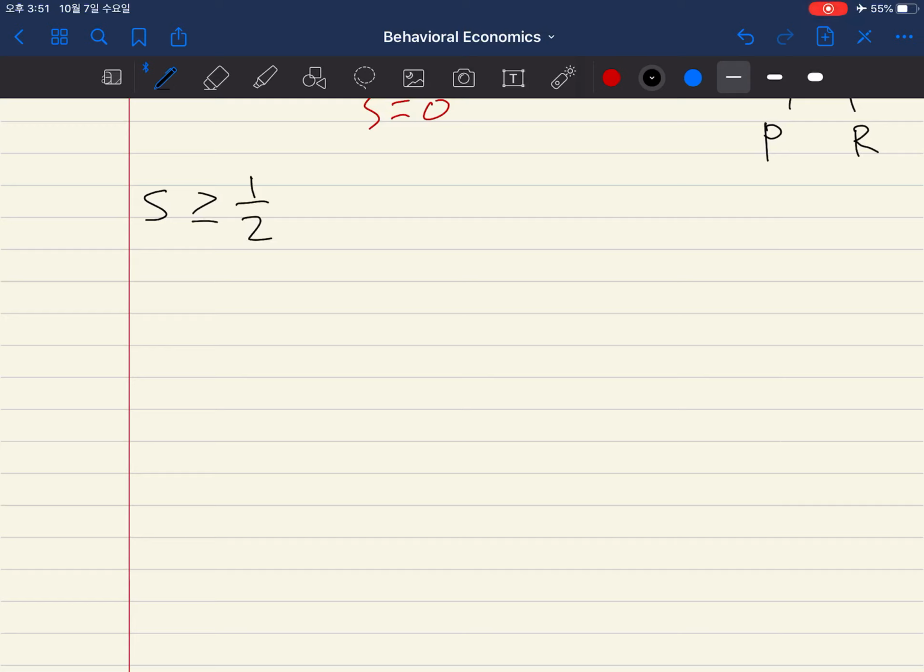Suppose S is bigger than half. It means that proposer offers more than half of the resource to responder. So first, let's suppose proposer offered a quite good offer to responder.